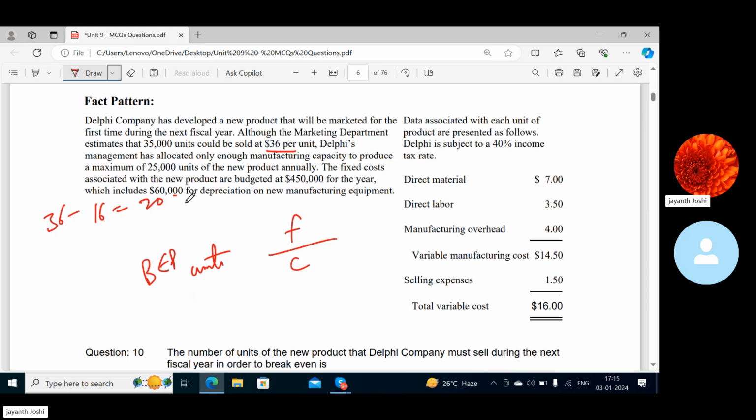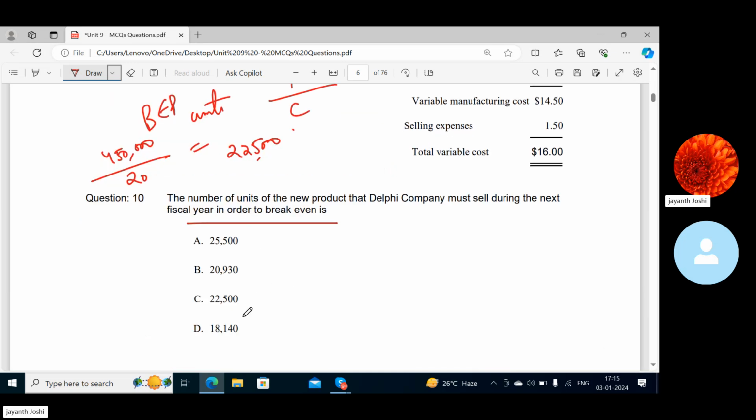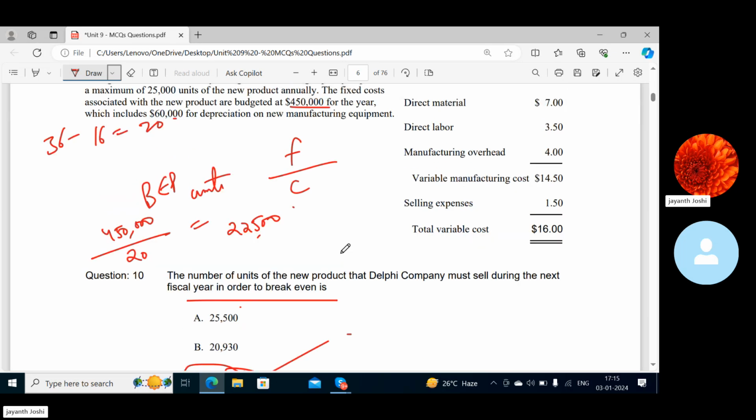And what is the fixed cost? 450. Nothing more they have given about it. So what's the answer? 22,500. This is the answer. Okay. Note it down. We'll move forward.